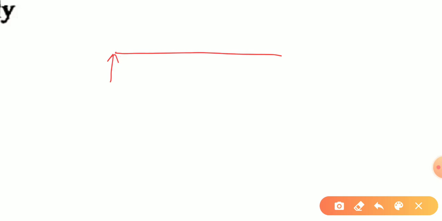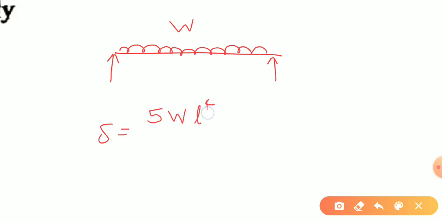If the load is UDL, W per meter, the static deflection is given by 5 W L raised to 4 divided by 384 EI.